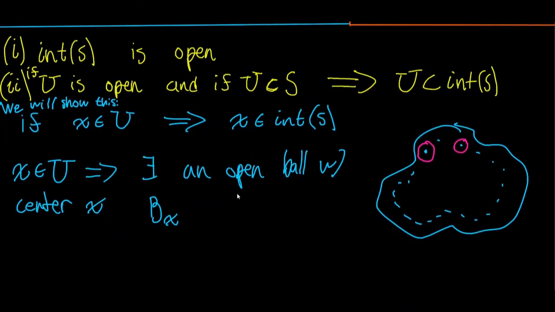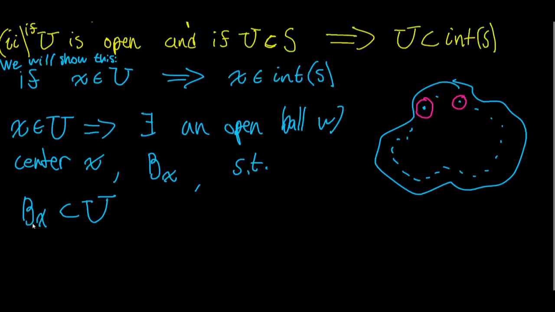So there exists an open ball with center X, BX, such that BX is entirely contained in U. That is to say that BX is a subset of U. Saying that BX is a subset of U is the same as saying that BX is contained in U, and that's also the same as saying that U contains BX.